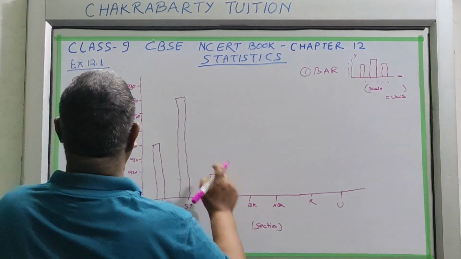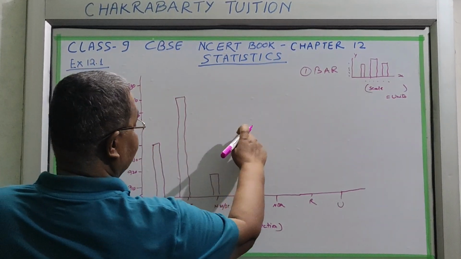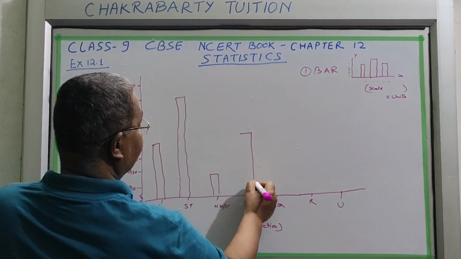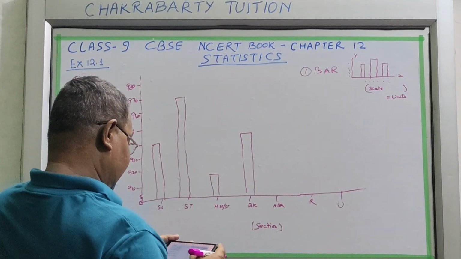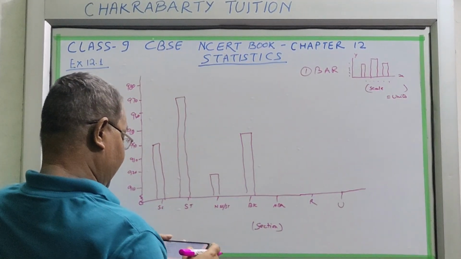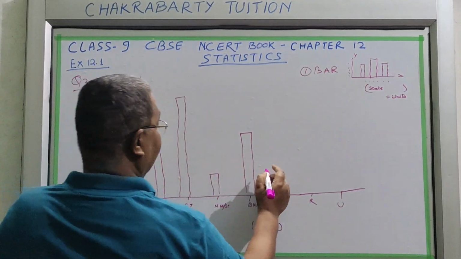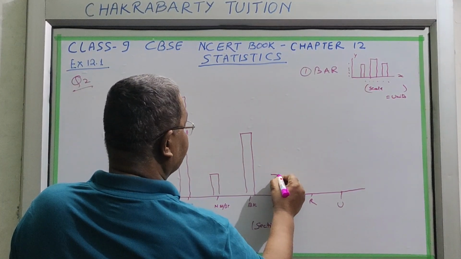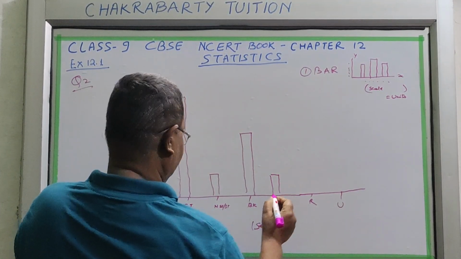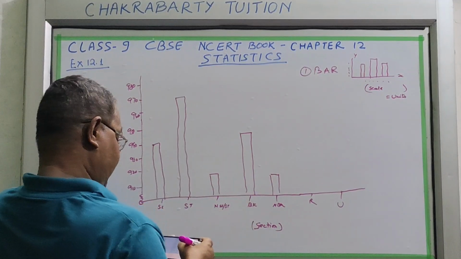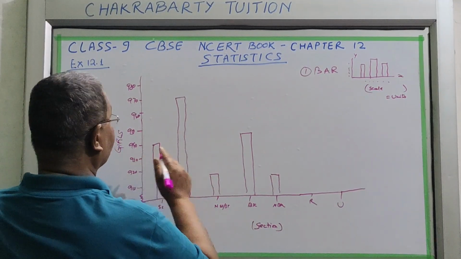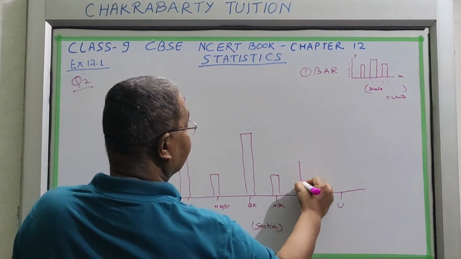Backward districts 950, so 950 will come here like this. Then non-backward districts 920, so 920 will come here. Then 930 is the rural, so it will come here.